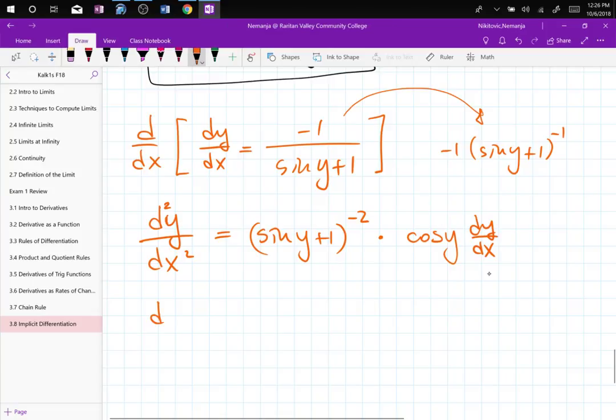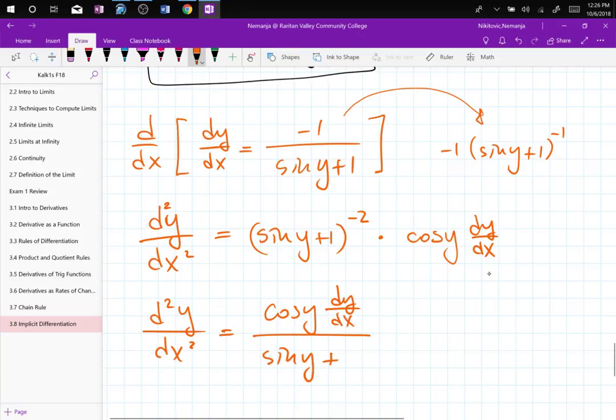So now we have cosine y dy/dx divided by sine y plus 1 everything squared. Now you can see the denominator squared, so you can use the quotient rule and you will get the same thing.